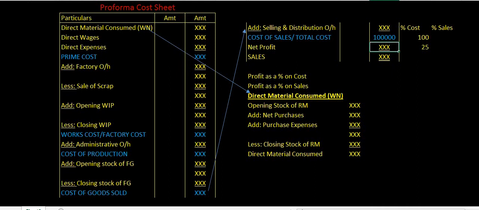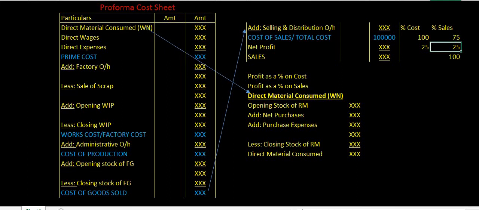Easy calculation. But sometimes, very smartly, they will say that profit is 25% on sales. Now you need to apply your mind. You need to take sales as 100, your profit is 25, and please understand we are working backwards, going from bottom to top, so your cost becomes 75.